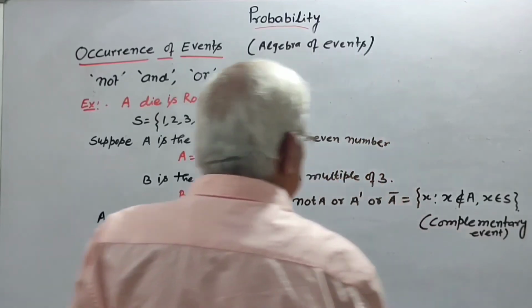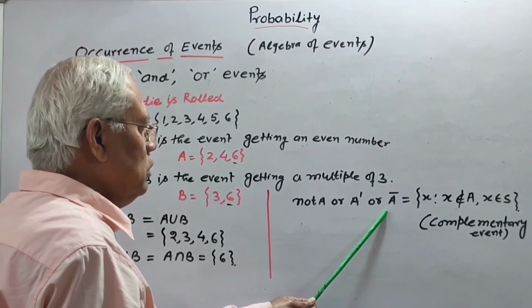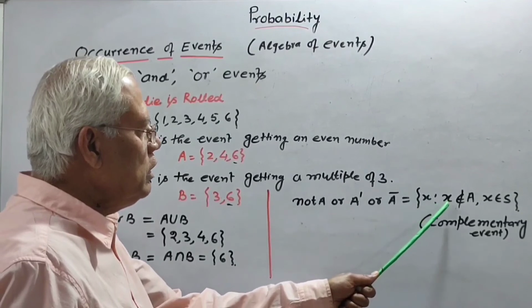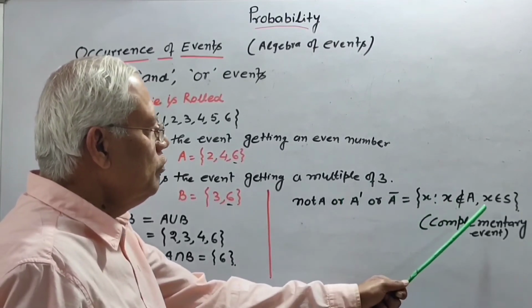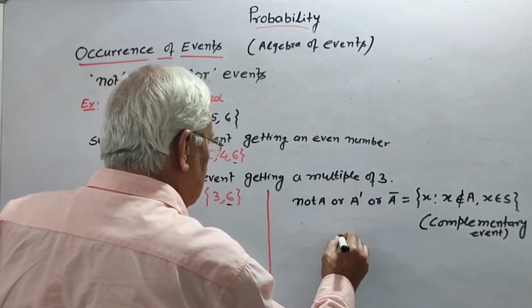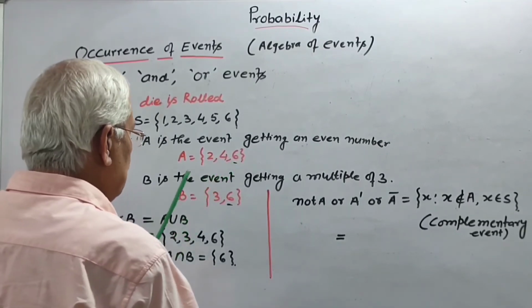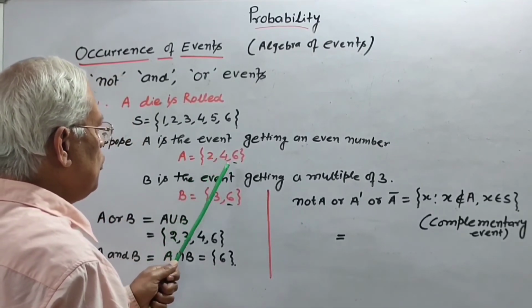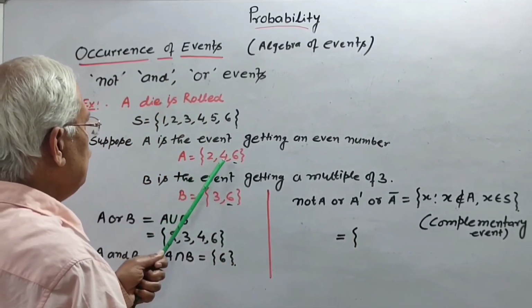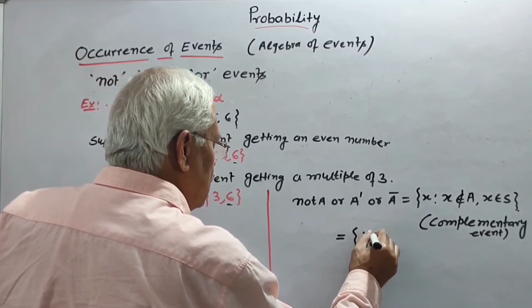Not A or A dash or A bar means it contains the elements X such that X does not belong to A but belongs to sample space. So A is 2, 4, 6. So we have to take those elements which do not belong to A but belong to S. So the elements other than 2, 4, 6 in S are 1, 3, 5. So not A is 1, 3, 5.